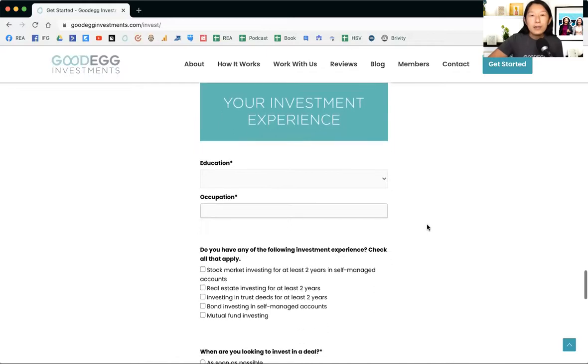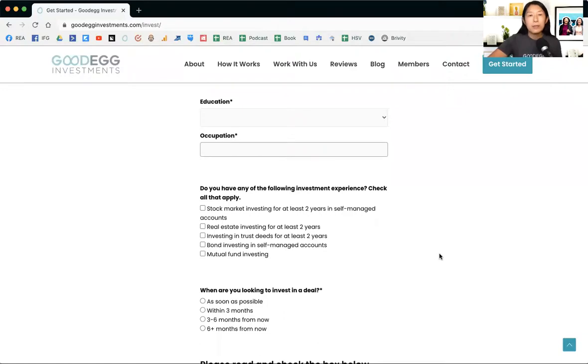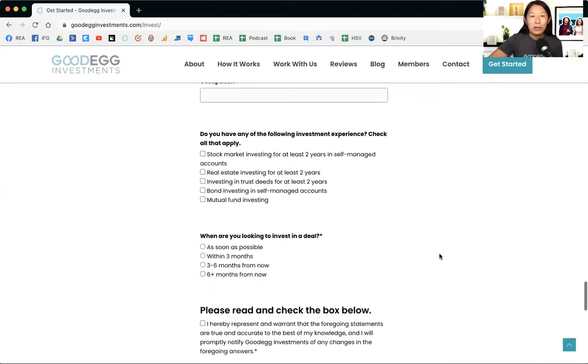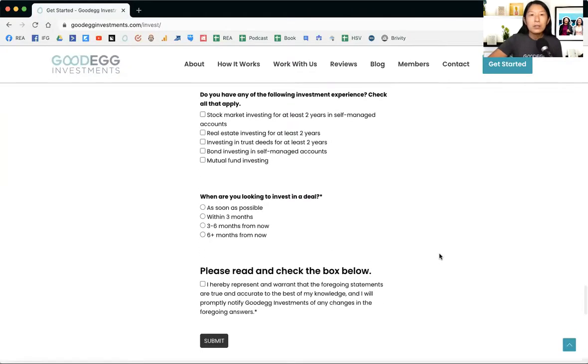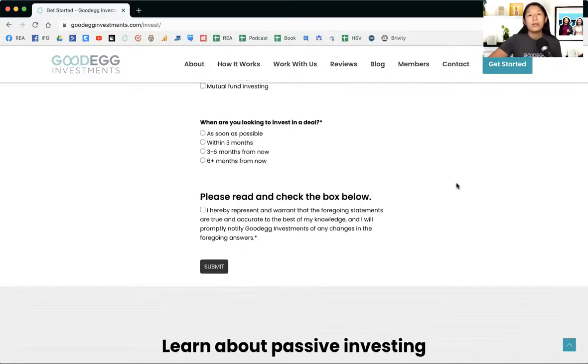And then down here, the final section is about investment experience. So this just gives us some more background information about where they're coming from and their level of savviness. Because again, we're looking for a more savvy investor than when we first started out. So we ask about their education level, their investment experience, and how soon they're looking to invest.